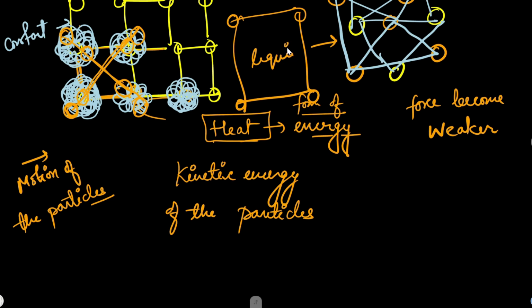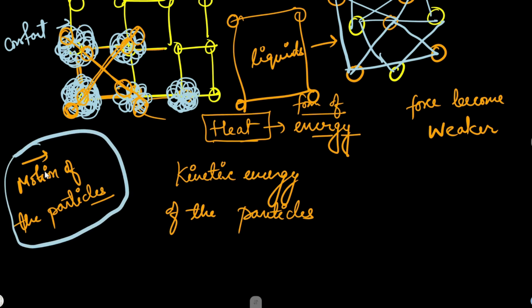So this energy, where does it go? We have imparted the energy, so where did it go? It is in the motion of the particles, in the form of kinetic energy, and this kinetic energy is stored inside the particle. It does not melt the particle because the particles have only started moving haphazardly.